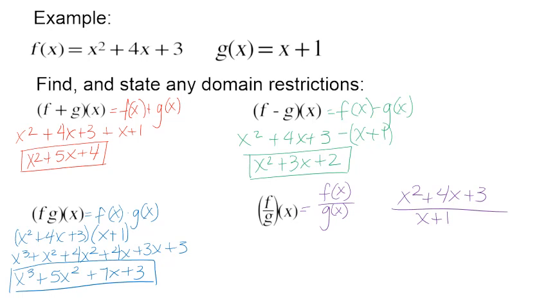You can't just start canceling out x's and things until everything is factored. So we would factor the numerator as x plus 3 times x plus 1. And I just got really excited because in the denominator I have x plus 1. So I can cancel those out, and I'm left with just x plus 3. Do not forget your domain restrictions. X cannot equal -1 here. Okay.